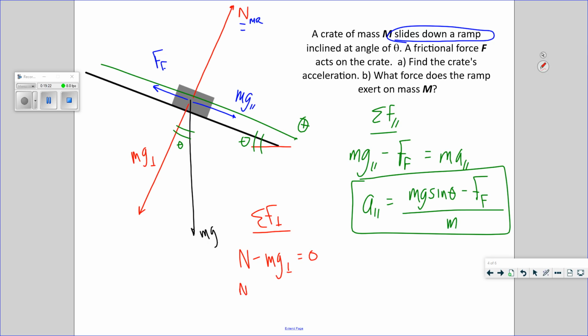We get N equals mg perpendicular. We get N equals mg cosine theta. At some introductory points in looking at dynamics, people get very used to saying N equals mg. I've seen it like that lots of times, but there are many cases when that's not the case. Here's one of them.